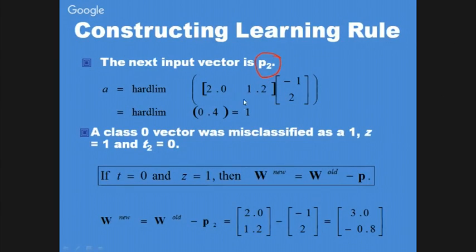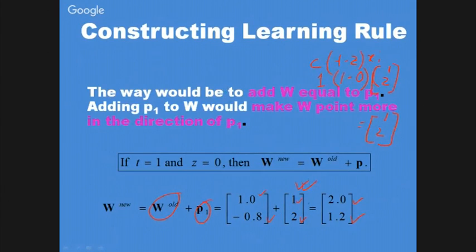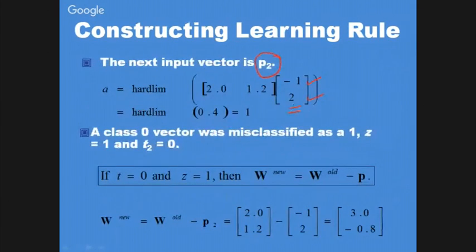As you have noted down, for P2 we have the input as minus 1 and 2. Now our new weight is 2 and 1.2. Again we will find out the net.